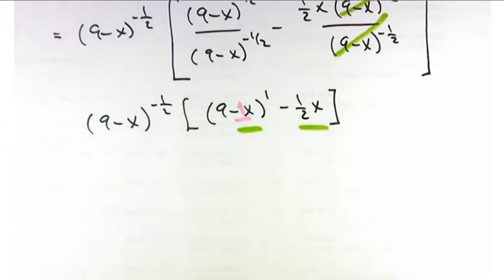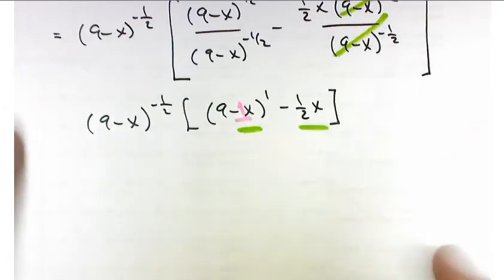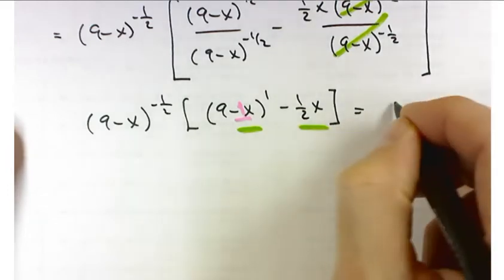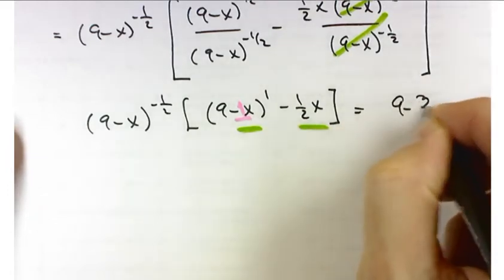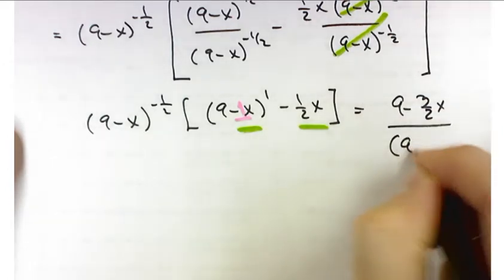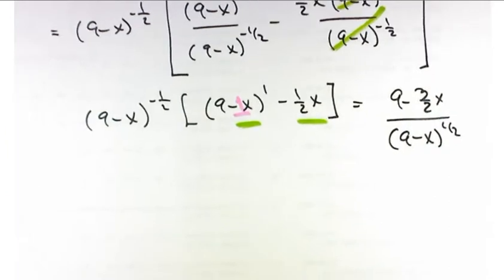What's negative 1 plus negative 1/2? Negative 3/2, right? So, you see that? Okay. All right, so what we're left with then is 9 minus 3/2 x over (9 minus x) to the 1/2. Or you could write that or think of that as the square root. That's our first derivative. That's g prime of x.